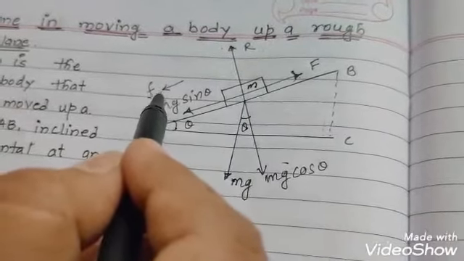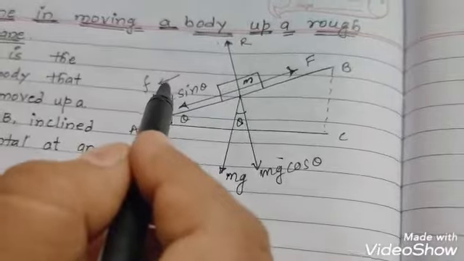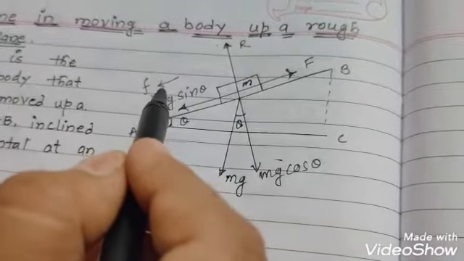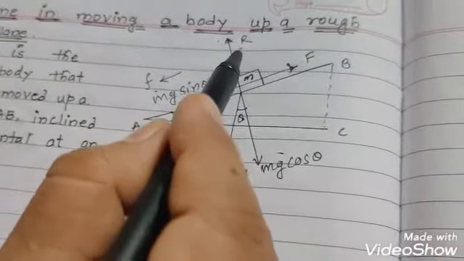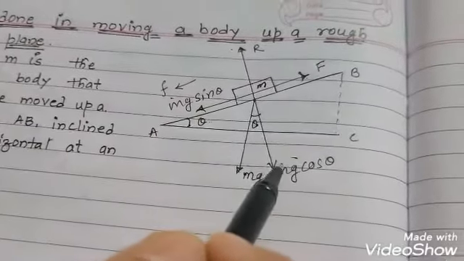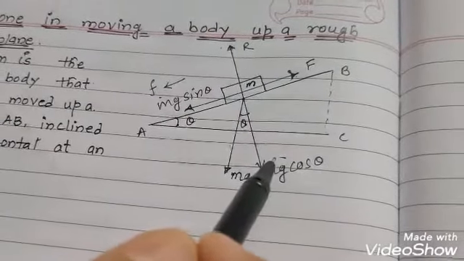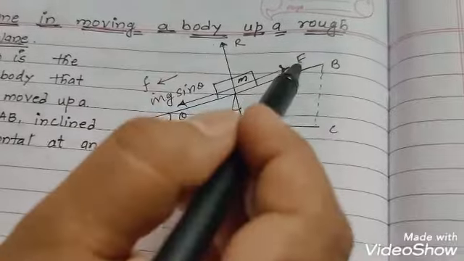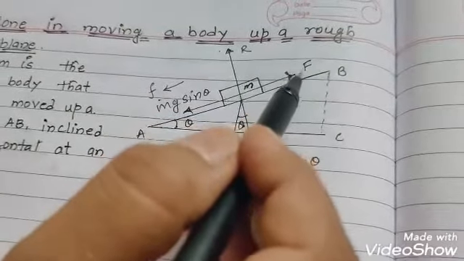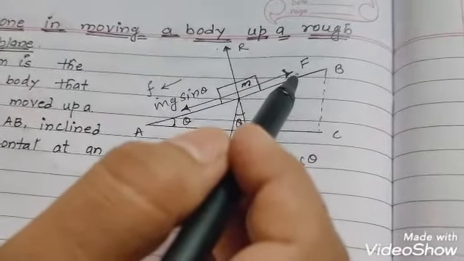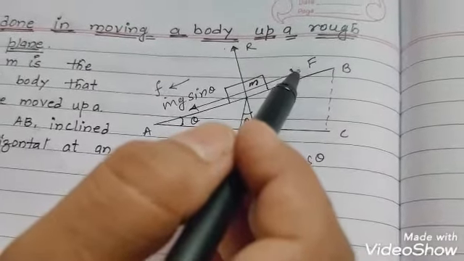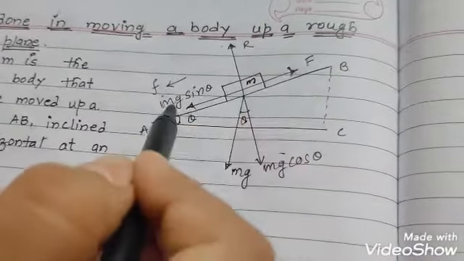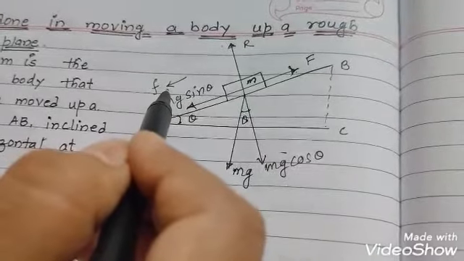So you will see now the forces which balance each other: R balances mg cos theta, and the force F, that is the applied force or the net force, you can say simply, is equal to mg sin theta plus small f.